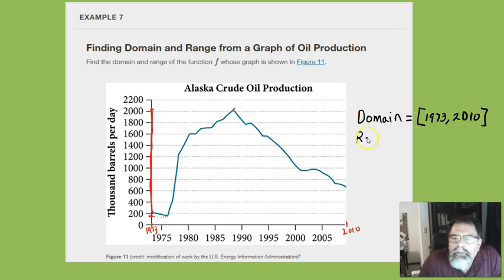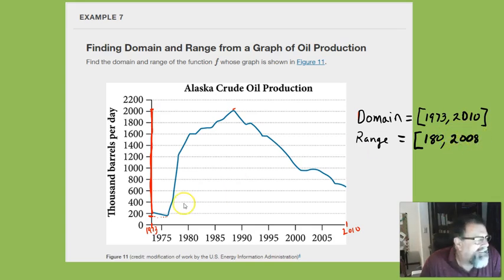And then the range, we're going to estimate that about 180, and then that is, I don't know, 2000, was the book calling that 2008? Where they got that, I don't know. Okay, so that's the range. Sometimes when you have graphs that are interactive, you can click on it and it'll tell you what that point is.